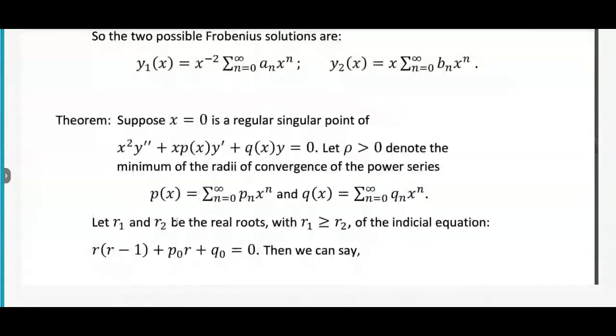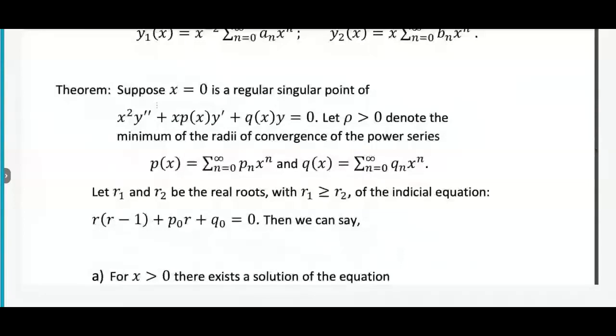Okay, theorem. Suppose 0 is a regular singular point for this equation. Let rho greater than 0, a positive number, denote the minimum of the radii of convergence of the power series.